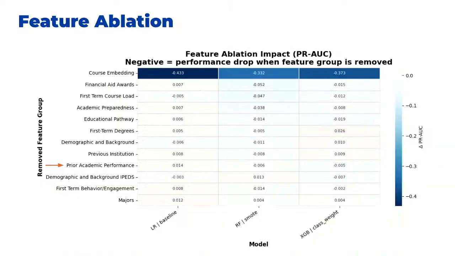Here is again the feature ablation, and course embedding is among the top, doing the heavy lifting in the training. This feature appeared to be very informative. And again, prior academic performance is showing up at the bottom.